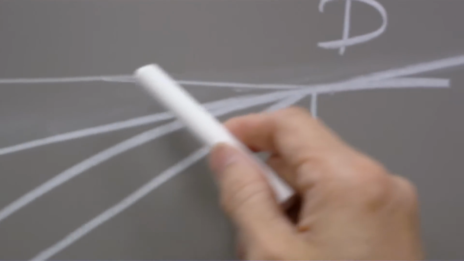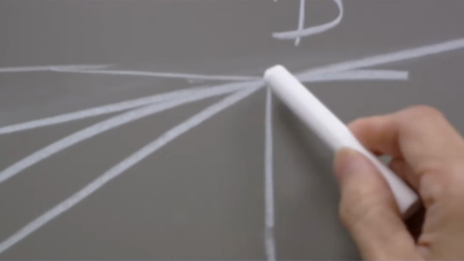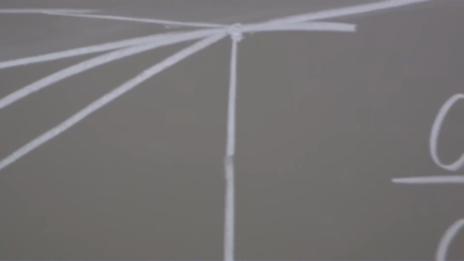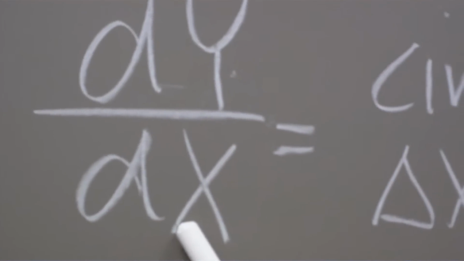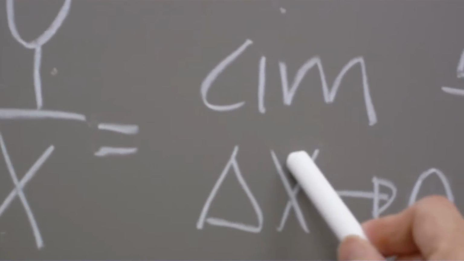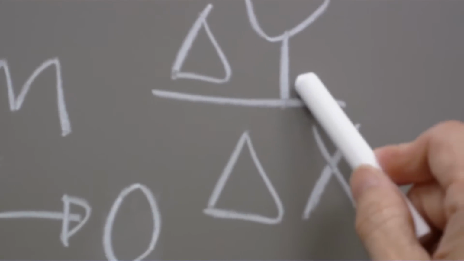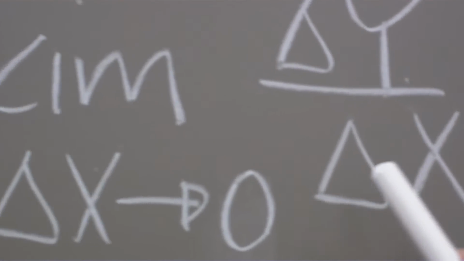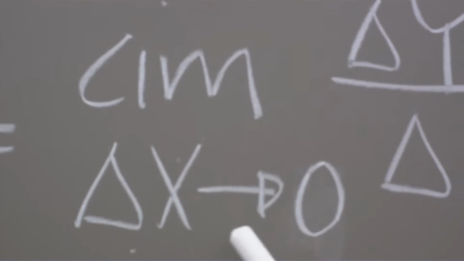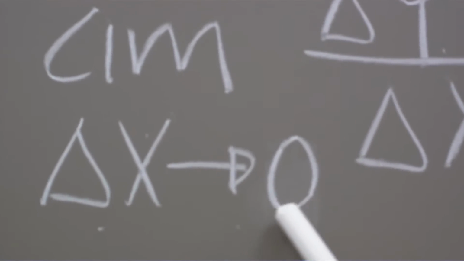So what is the slope at point D here? You need to take the limit. So you take the derivative of y with respect to x, the limit of the ratio between the change of y and the change of x such that the change of x equals 0.